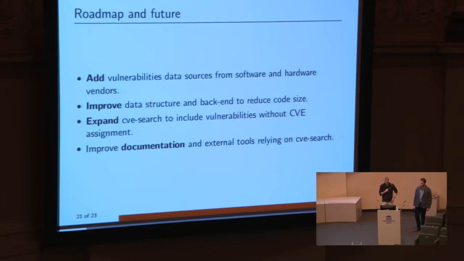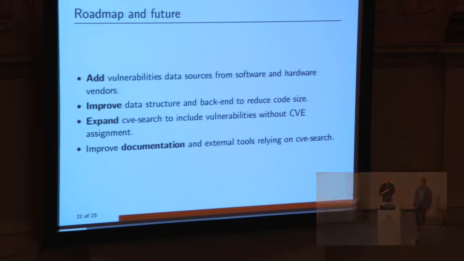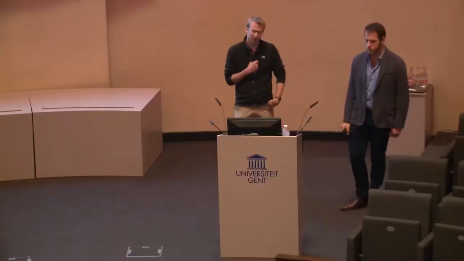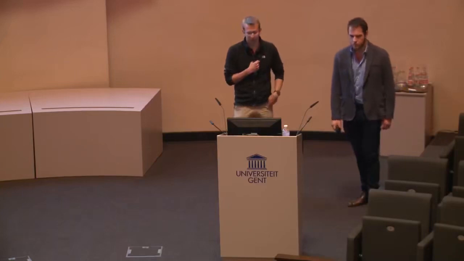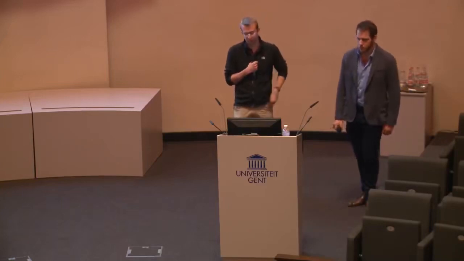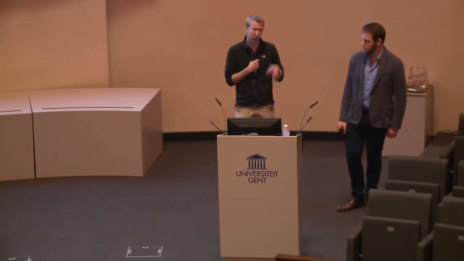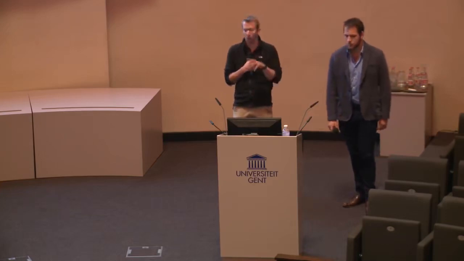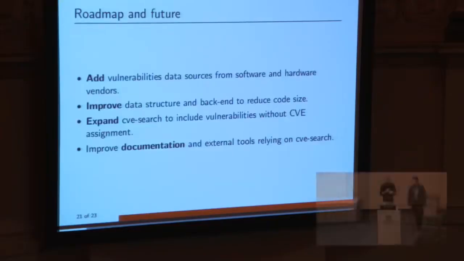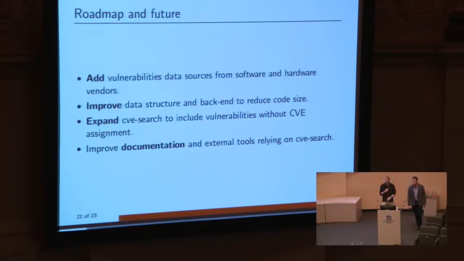And going back to that one, we really want more and more vulnerability data sources included in CVE search. So if you know about some interesting one and so on, please let us know. The only issue that we have seen in the past is that sometimes you have licensing restrictions on the data set. The one providing the data source is putting additional restrictions, and by doing so, it's limiting the ability of using CVE search.